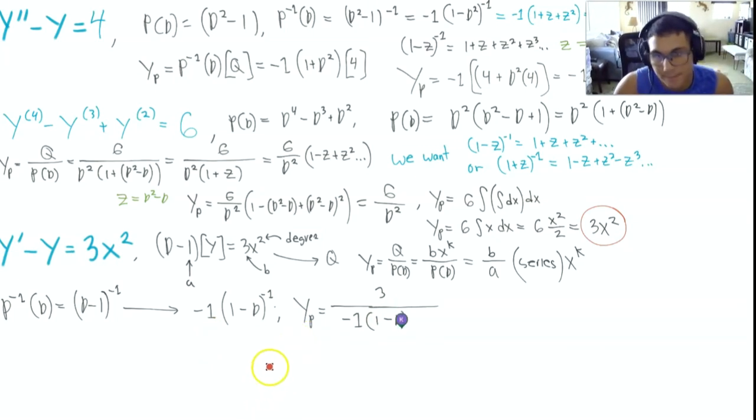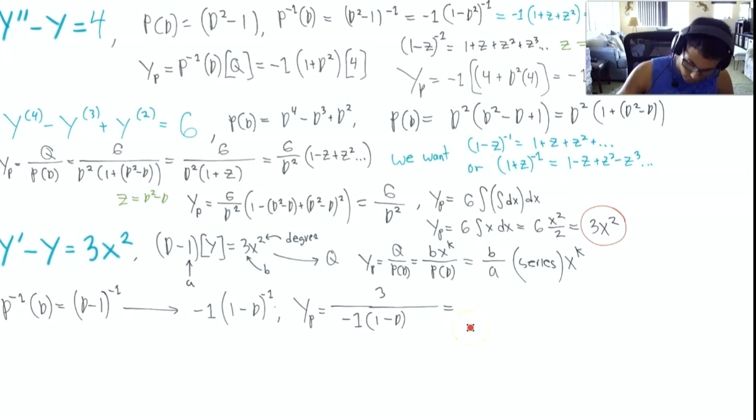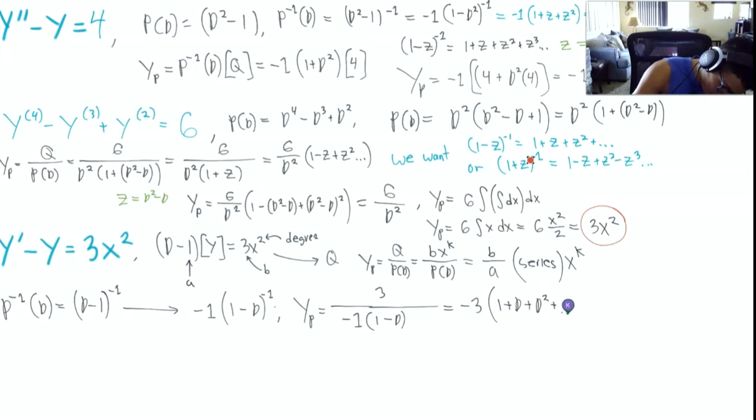Okay. So if we use our series knowledge, we pick this one, write it as, what can we write it as? So we can write it as negative 3 times 1 minus d inverse, instead we're using our series knowledge, so this will become 1 plus d squared, and dot dot dot, and so on.